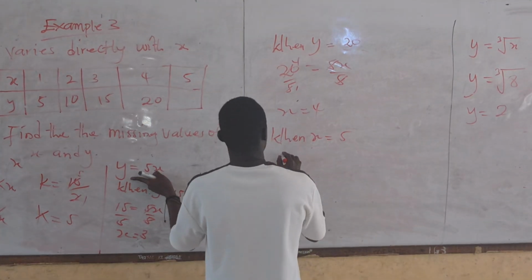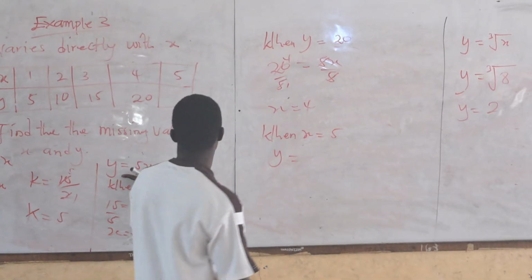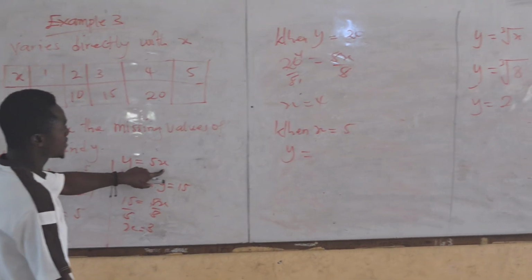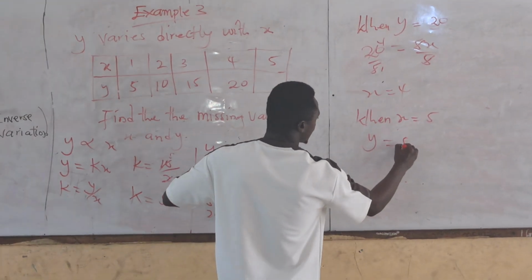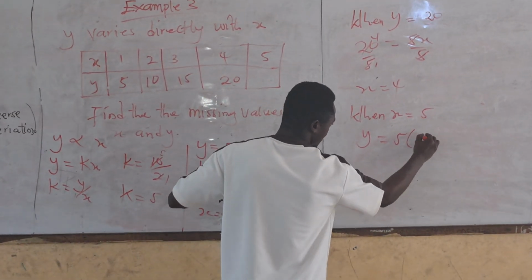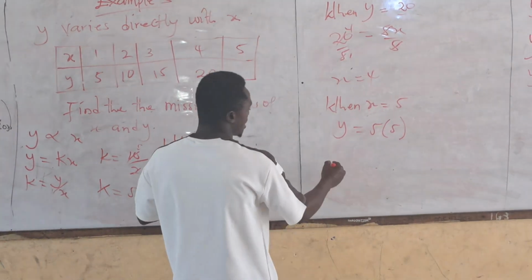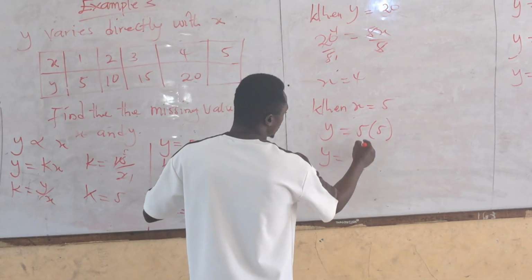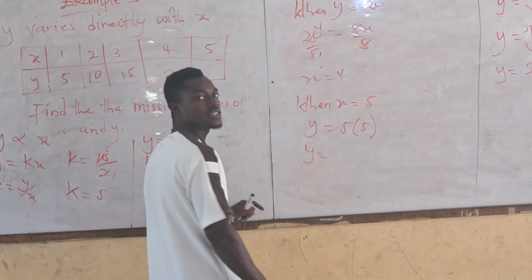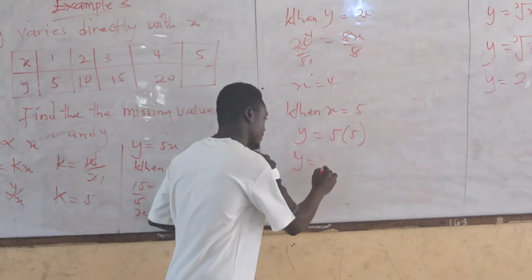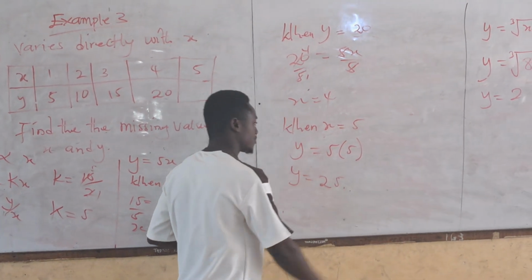So we are going to have y equals 5 times x. So 5 times this x value, which is 5. Therefore, we are going to have y equals 5 times 5, which will give us 25.